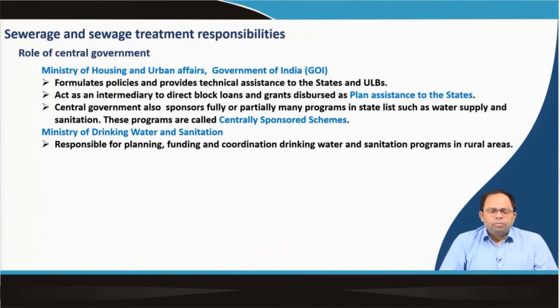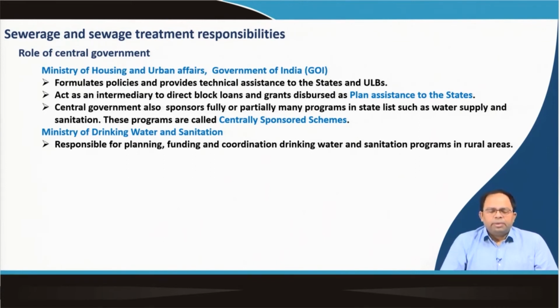Their job is to formulate policies and provide technical assistance to states and ULBs through preparation of manuals and so on, and sometimes funding as well. And then they sometimes act as an intermediary to determine who should get a loan or a grant, while money is being disbursed through plan assistance to states, right.